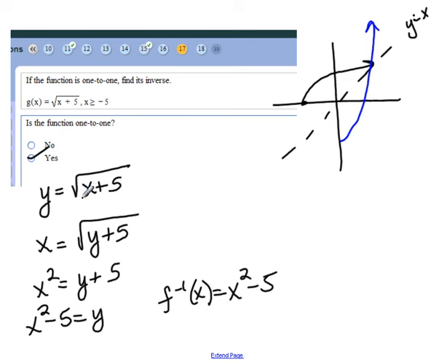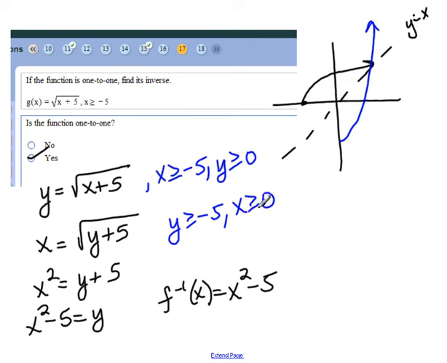So we know that the square root of x plus 5 is defined for values of x that are what? Greater than or equal to negative 5, and in that case y is greater than or equal to 0. So when we interchange x and y, this becomes y is greater than or equal to negative 5, and x is greater than or equal to 0. So our inverse function is only defined where x is greater than or equal to 0.